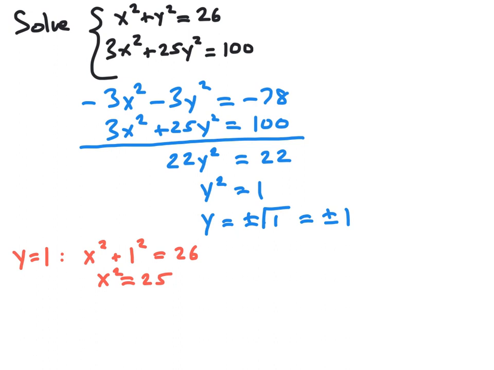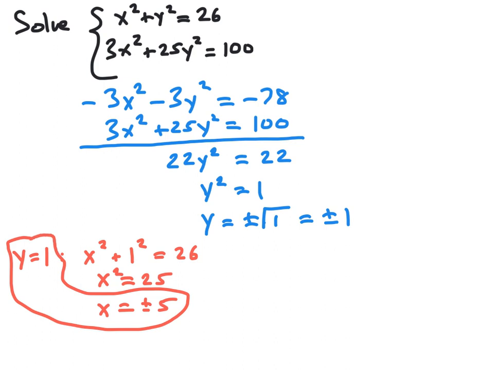And taking the square root of both sides here, we get x is plus or minus 5. Again, it's important to make sure we get both of our solutions, x is positive 5 and x is negative 5 here. And so it turns out that this particular solution will give us two different solutions corresponding to y equal 1. We'll have the solution (5, 1) and the solution (negative 5, 1).